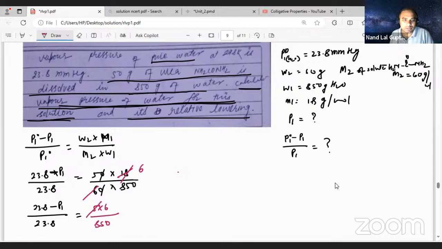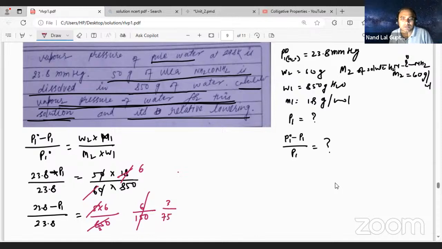This is also divisible: 6 upon 5, 5 fives are 25. Again divisible: 2 threes are 6, 2 sevens are 14, 3 by 75.